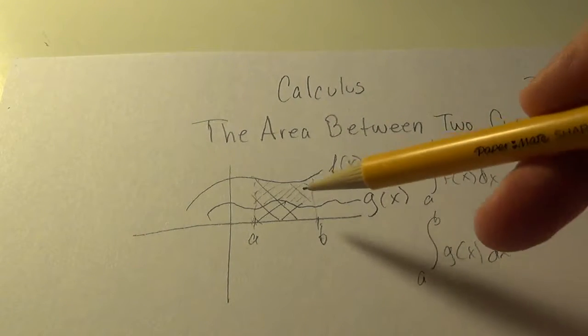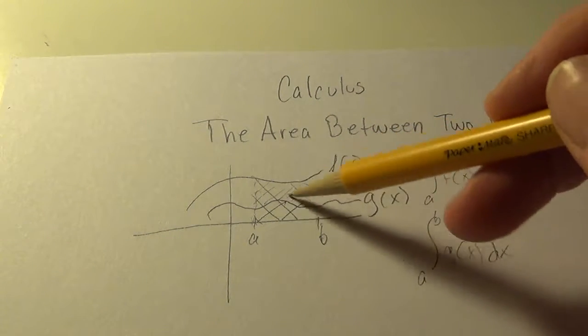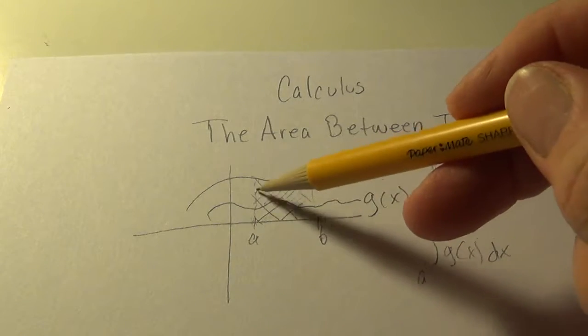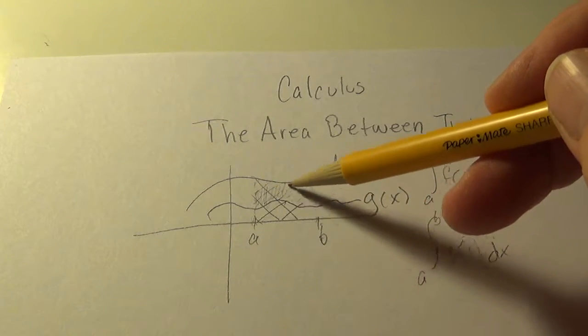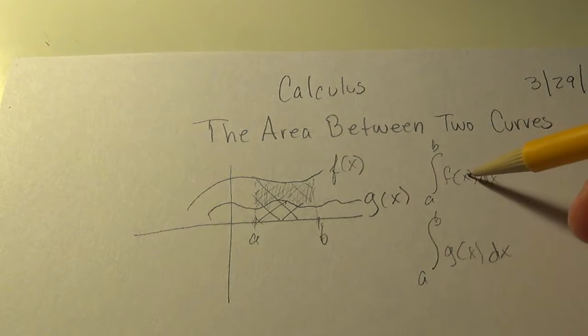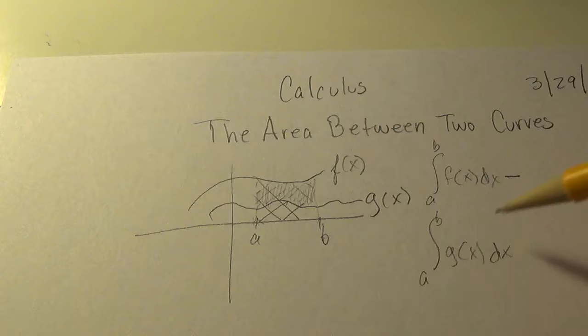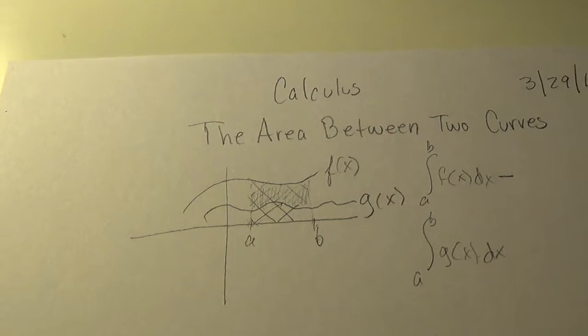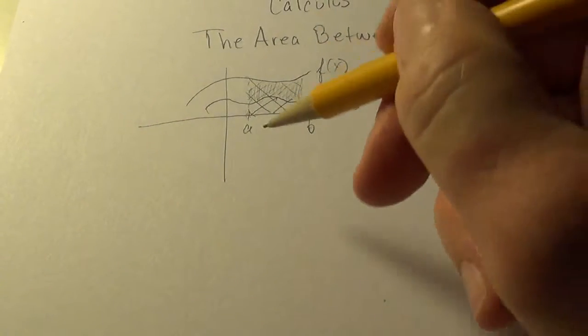So what could I do with those two numbers, this value and this value, to get the desired value? You can probably see that I'm going to take this upper curve minus the lower curve. And that is basically the theory that I'm going to leave you with.